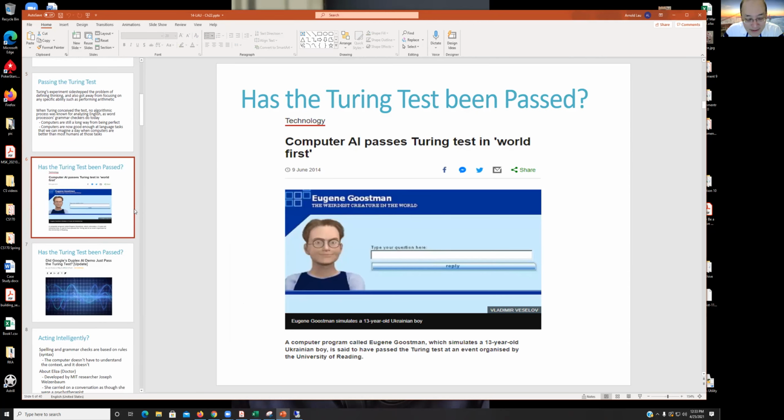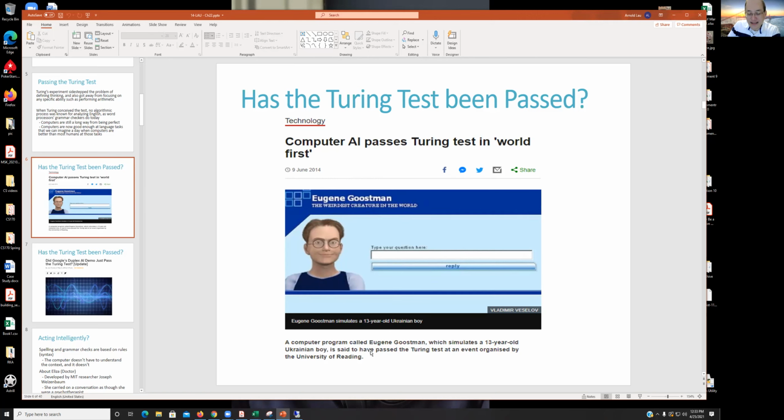So here are a couple of examples that have been in the news in the past, talking about whether the Turing test has been passed. One is this one, talking about whether this AI passed the Turing test. At the time, there was some buzz about that.